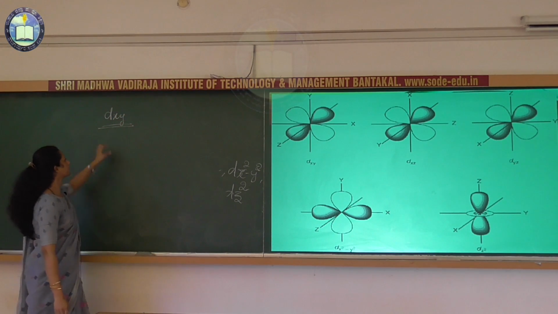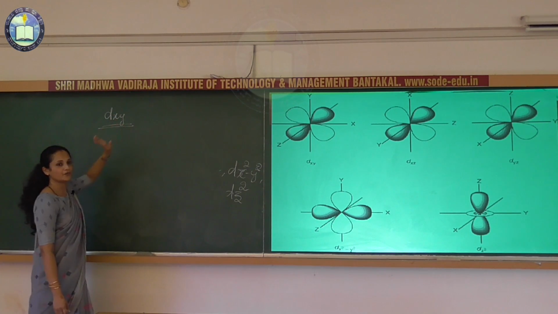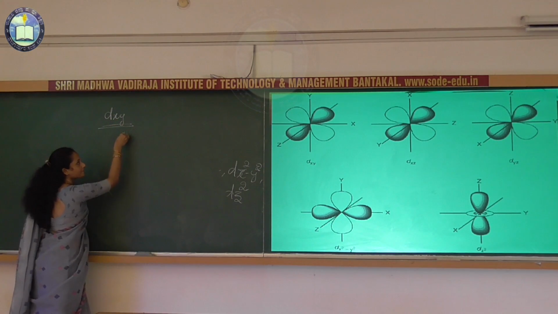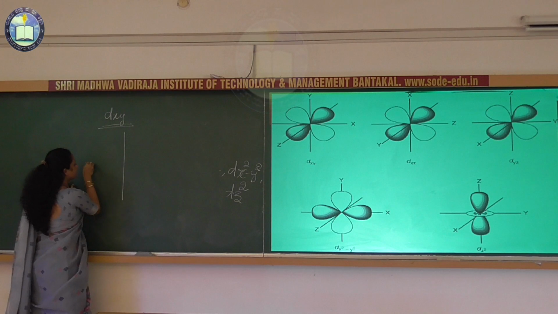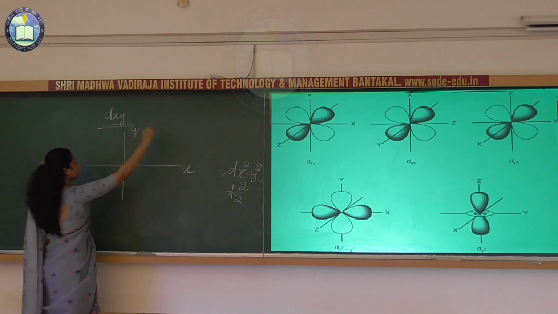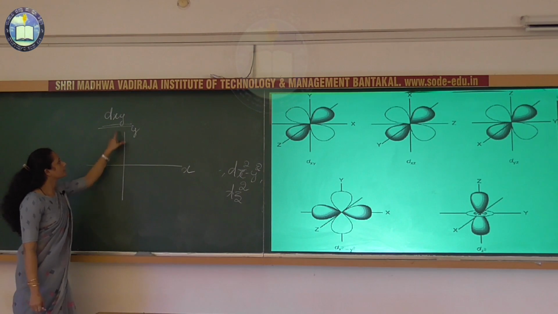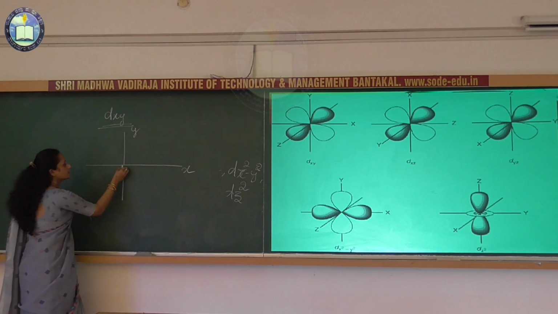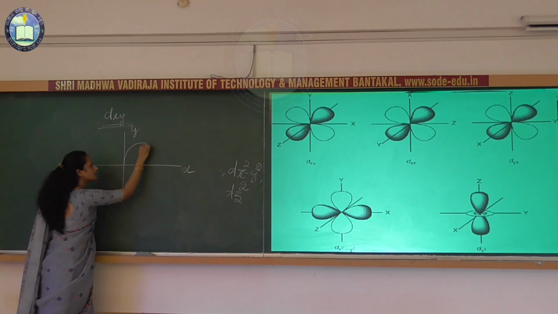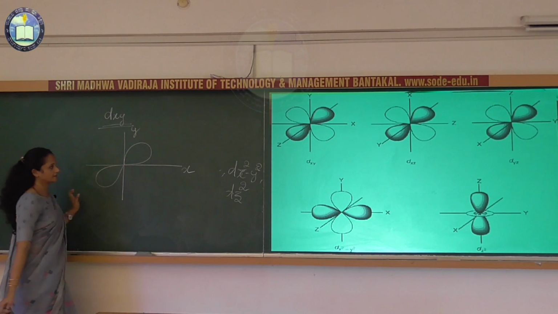dxy means we have to draw the two axes, x and y axis. Okay, one I can show as x, another axis as y. xy means the lobes must be represented between the x and y axis.